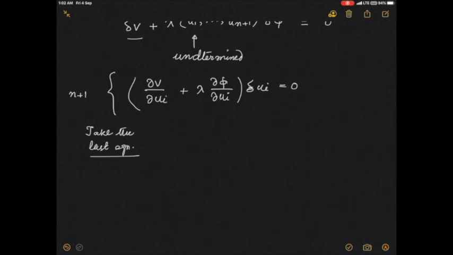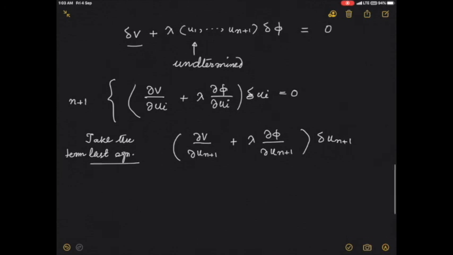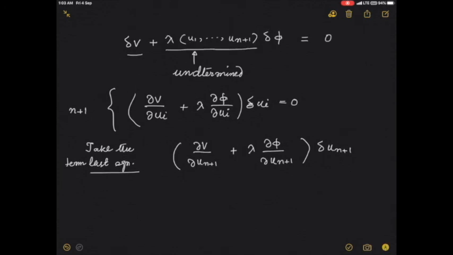The last equation will be del v del un plus 1 plus lambda del phi del un plus 1, and delta un plus 1. So what do I mean by last equation? It is the last term in that equation. And remember, lambda is a function of all these coordinates and it's undetermined.